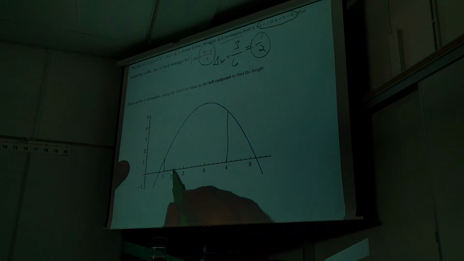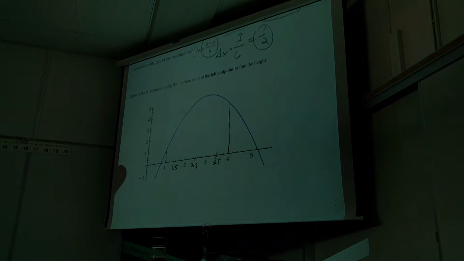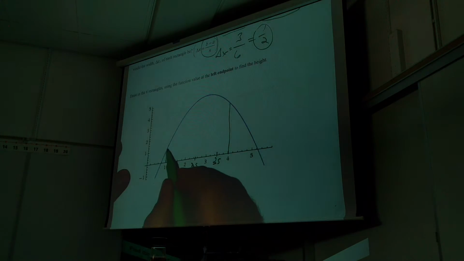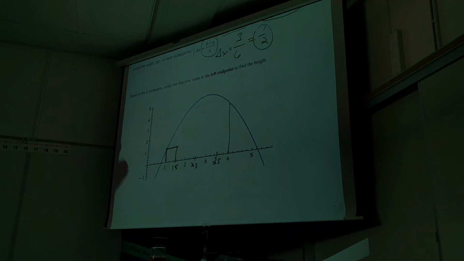Then let's go from 1.5 to 2 to 2.5, 3, 3.5, and then it's going to end at 4. So the first rectangle, let me go ahead and draw it in. This is going to govern the height, the left part of it, and then I'm going to draw it over to there. So it's got a width of 1/2 and a height governed by its left side.